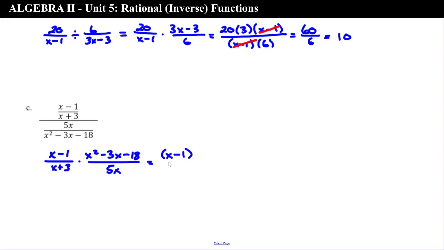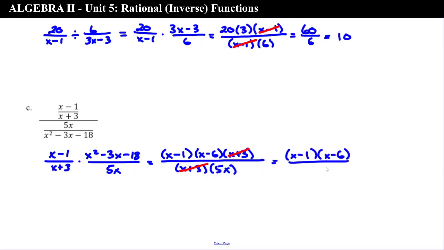When we factor the trinomial here, we end up with x minus 6 times x plus 3. On the bottom, we have x plus 3 times 5x. The x plus 3s cancel, and that leaves us with x minus 1 times x minus 6 divided by 5x. And that would be your answer here.